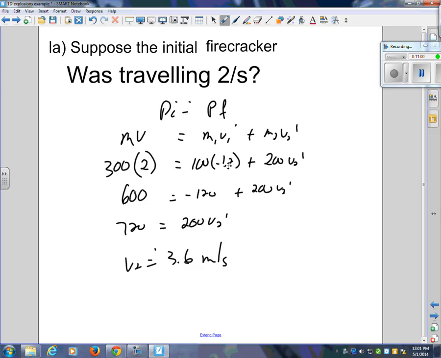If it's now traveling to the left, and there was more force to the explosion, instead of going 0 to 1.2, I'm going from 2 to minus 1.2. There's a greater force in the explosion, which is why the second velocity is so much more. Make sense? I wasn't sure I understood that until I explained it.